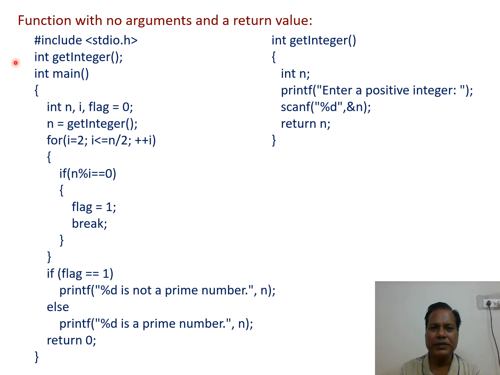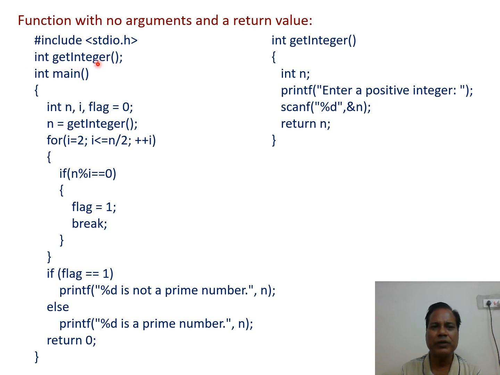In this example program, the first statement is #include <stdio.h>. Then int get_integer(). This is the prototype declaration, the function declaration.